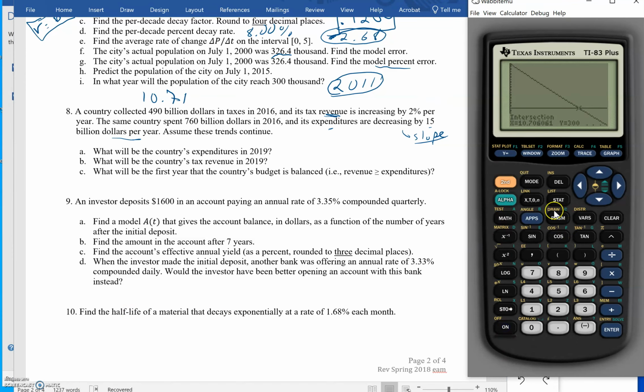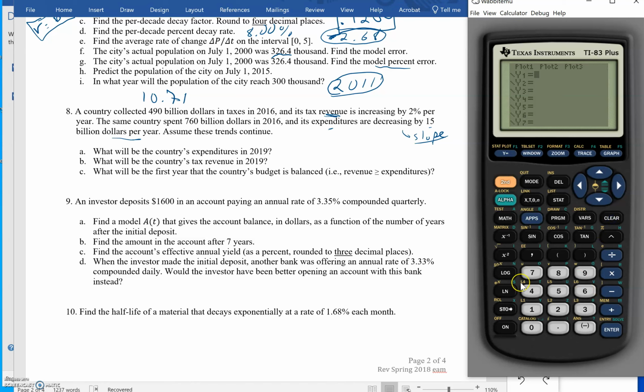I'm going to program these directly into the calculator. So Y1 will be my revenue model. That's the exponential model. So it's going to look like this: 490, and then I have a 2% rate, so that means my 1 plus R is 1.02, and that's raised to the X power.